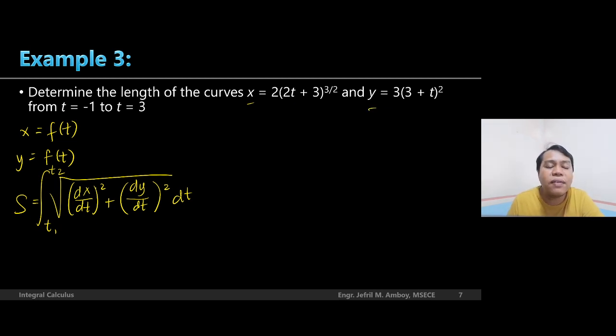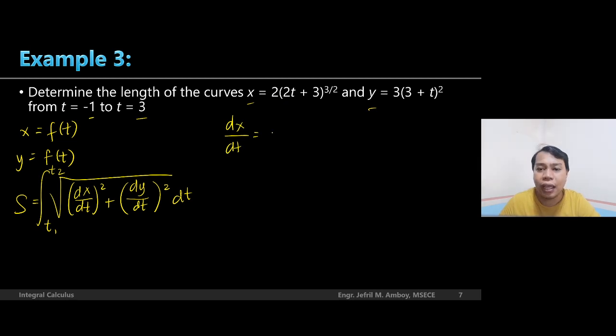Now, yung derivative natin with respect to t, tapos yung variable of integration natin dt, kaya ang limits natin ay from t equals -1 to t equals 3. Okay? Now, hindi mo na kailangan i-drawing yan. Kuha ka lang ng dx over dt at saka dy over dt. Now, ano yung dx over dt dito?